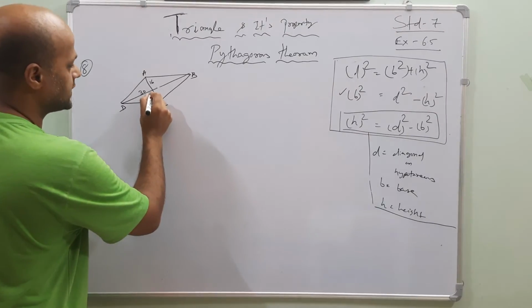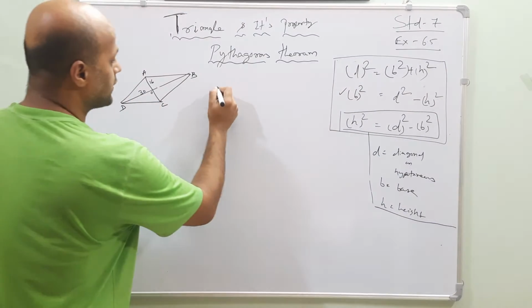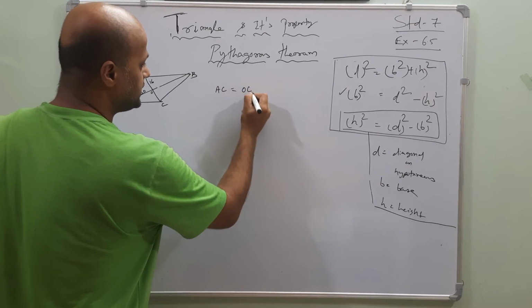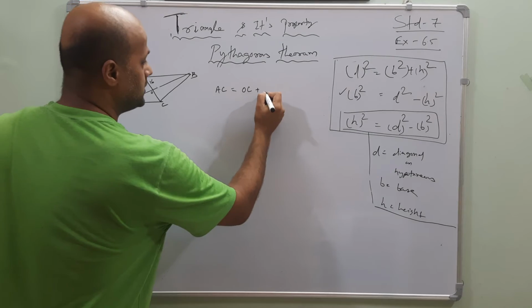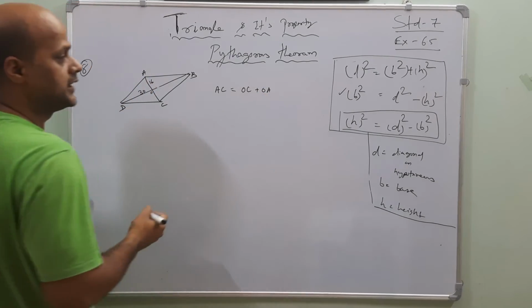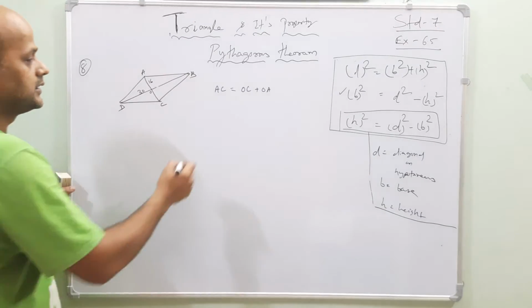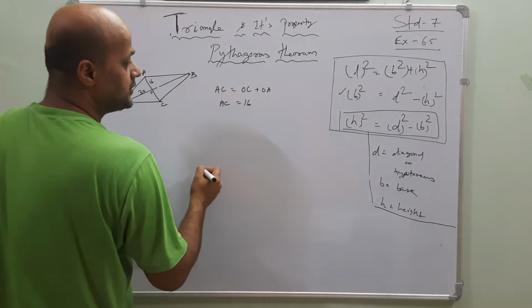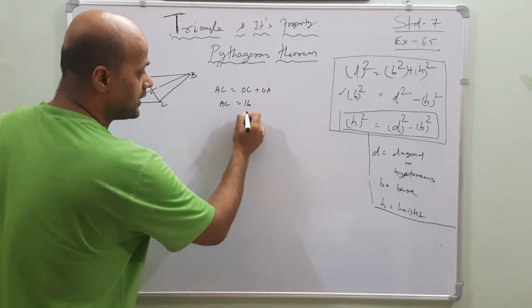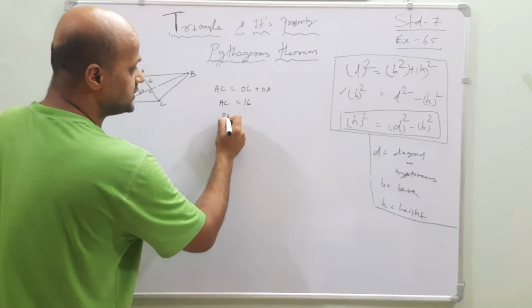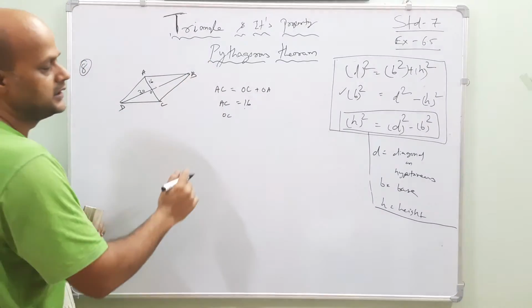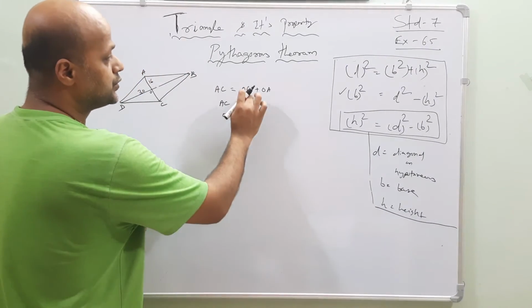So you have the bisecting point right here, O. Okay, so you have to write AC is equal to OC plus OA. Now AC is how much? AC is equal to 16. So 16 divided by 2, OC is equal to, you are writing right here. Okay, now OC is equal to how much?